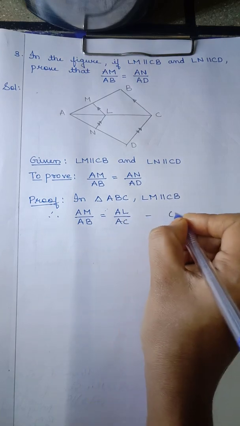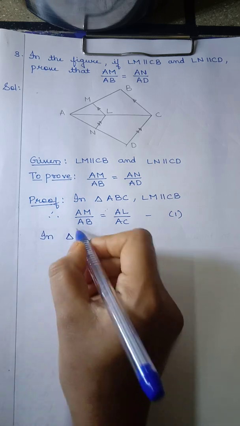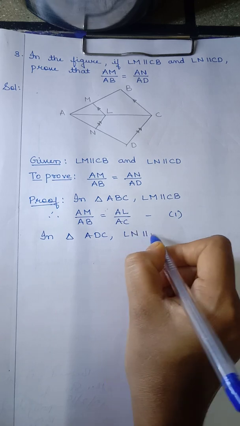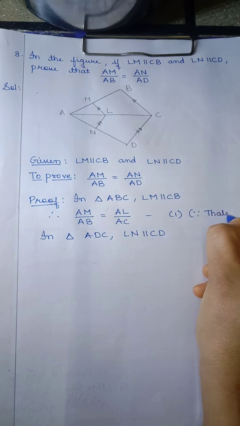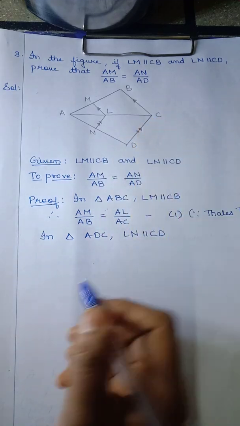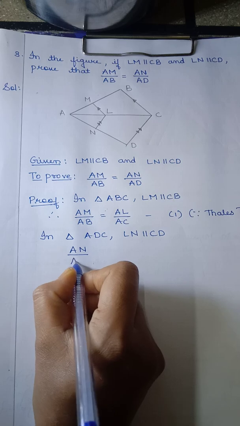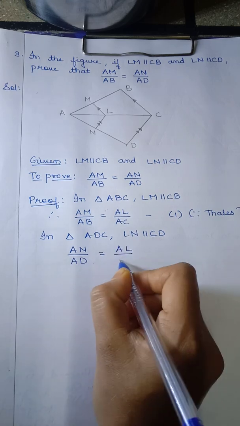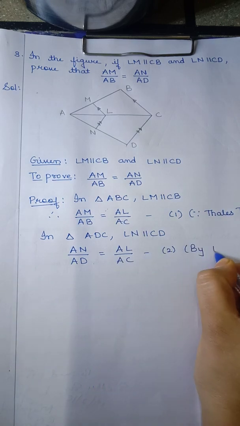So this is first equation. Now take the other triangle. In triangle ADC, LN is parallel to CD, they have given. Write the reason children here, very important: Thales theorem. In triangle ADC, LN is parallel to CD. So therefore, we can write AN upon AD is equals to AL upon AC. This is second equation, again by Thales theorem.